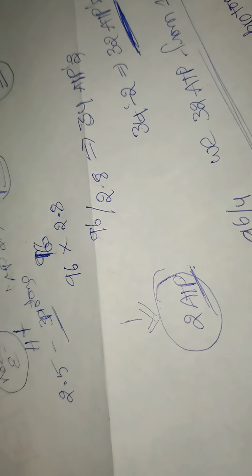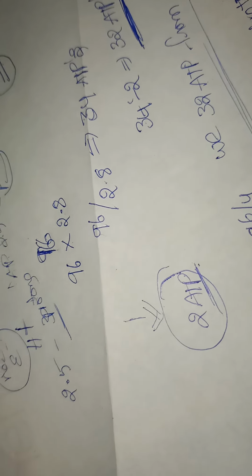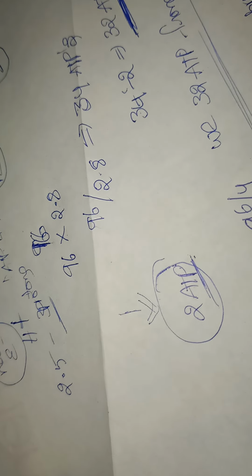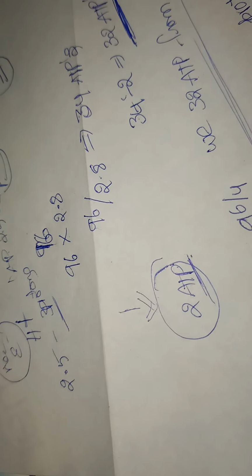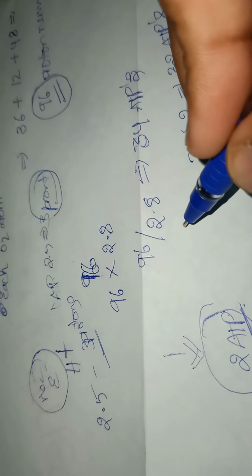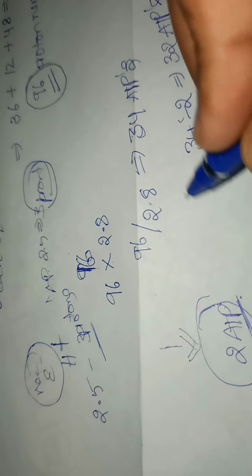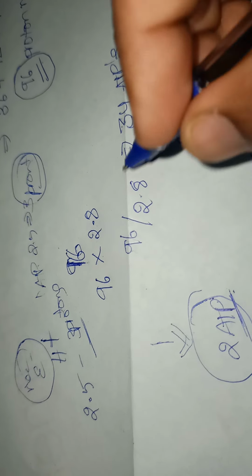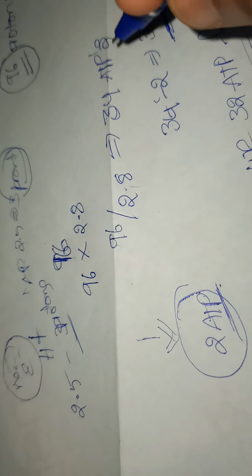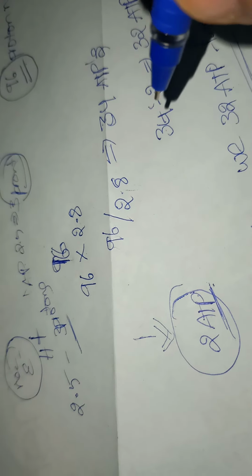Those MCQs will be like: in which step of glycolysis ATP is produced, and which step of glycolysis consumes ATP. This is how they ask. So you must be aware of all the steps of glycolysis, the TCA cycle, and all the metabolic pathways where ATP is generated and where ATP is consumed. So this is what we learn.